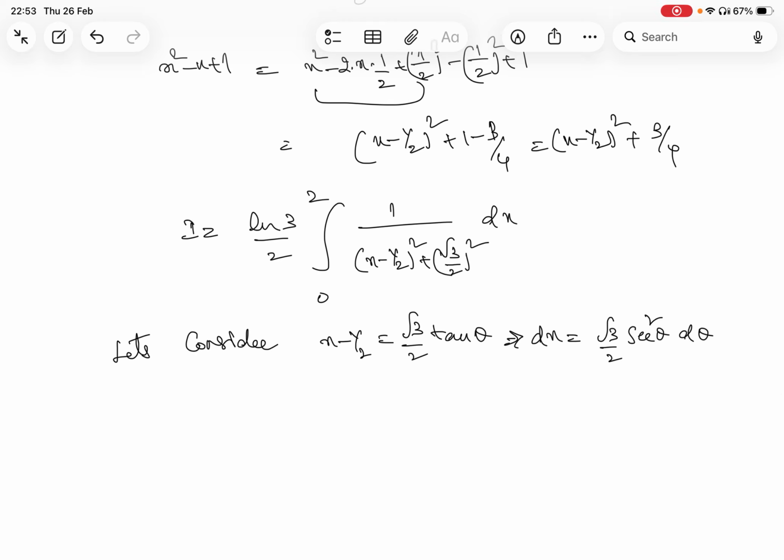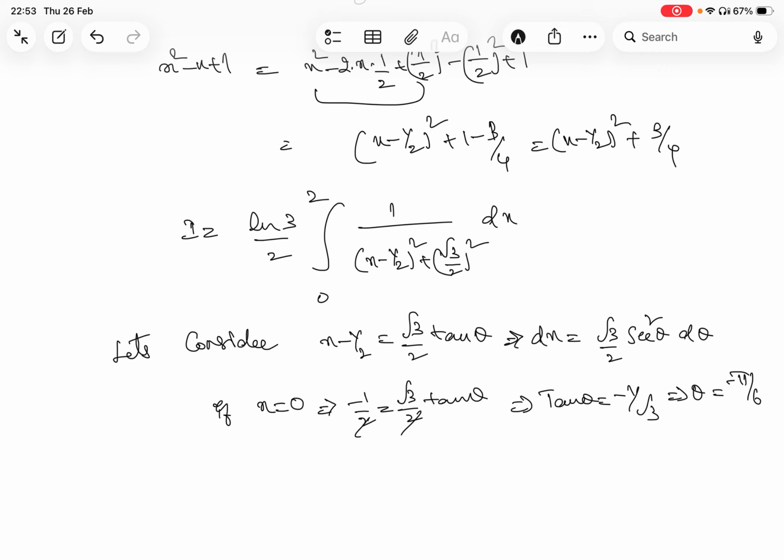If x equal to 0, this becomes 0 minus half equal to root 3 by 2 tan theta. Then the 2 gets cancelled. Tan theta is minus 1 by root 3. That becomes theta equal to minus pi by 6.